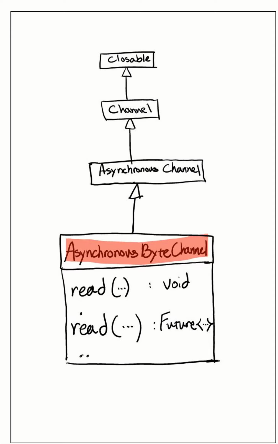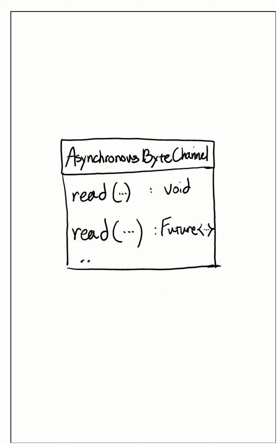For the purpose of this video, let's consider two variants of the read method on AsynchronousByteChannel. Here they are. There are other methods on this interface, but looking at these two variations of read delivers our point home for today.